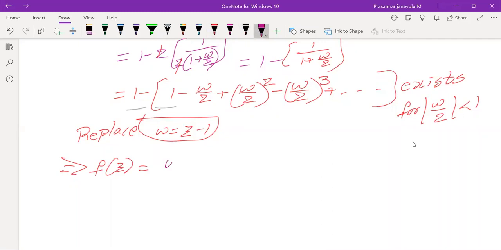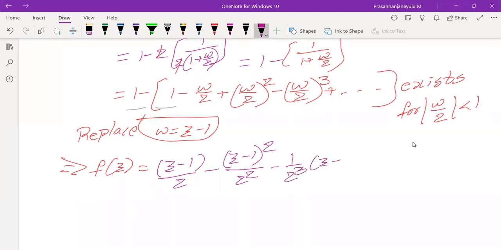So we get w by 2, replacing w equals z minus 1 by 2, minus z minus 1 by 2 whole square by 2 square, minus 1 by 2 cube into z minus 1 whole cube. What is the next term we will get? Minus 1 by 2 power 4 into z minus 1 whole power 4, plus and so on, for the region.